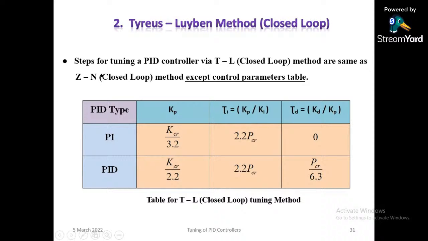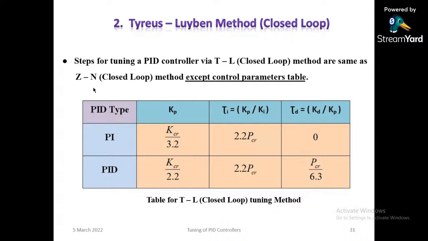ओके. They said that steps for tuning of PID controller with TL method, that is Tyreus-Luyben method, are same as Ziegler-Nichols. जवळपास सेम आहेत स्टेप्स. पहिला स्टेप काय होता? Take an open loop, make it closed loop, use only proportional controller, increase value of proportional controller, that is KP, up to K marginal, stop, calculate K marginal, calculate PCR, use the table, you'll get value of KP, KI and KD. इथे पण सेम आहे.